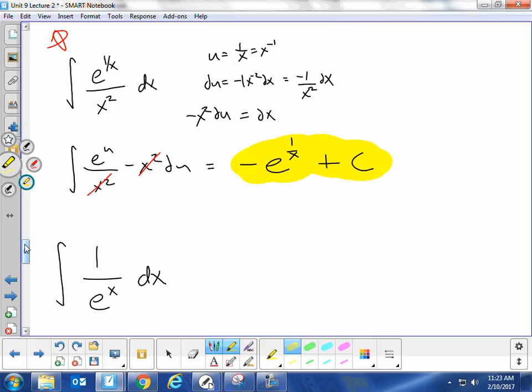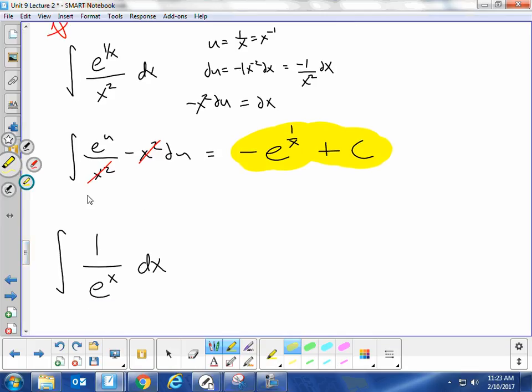Well, let's tackle this one down here. What should I do? If I set u equal to x, I'll just get du equals dx. Nothing cancels. I just have 1 over e to the u du. Other ideas for 1 over e to the x? Mr. Chris Stockton? Ah, good idea. Let's rewrite this as e to the negative x.